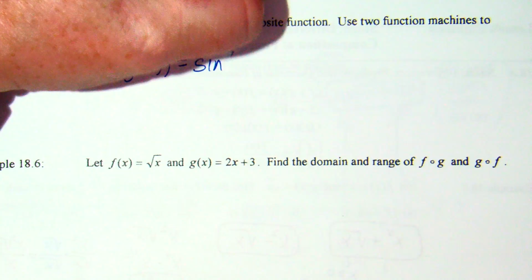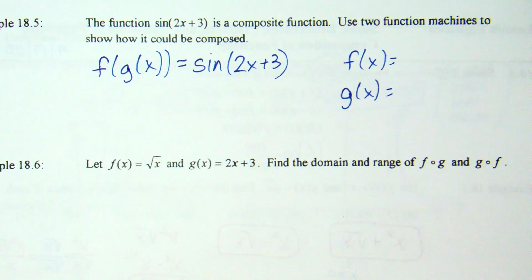F of x, sin x. You guys okay with that? I can agree that f could be sine of x, and then that makes g of x 2x plus 3. Again, we could probably find other more complicated ways to make this work, but that's the easy route.